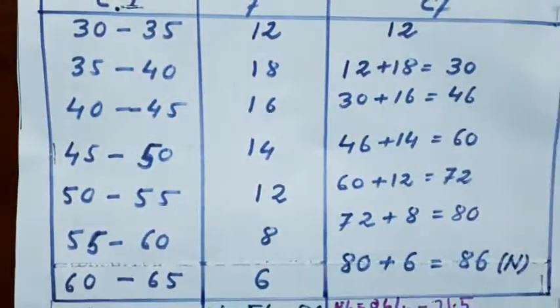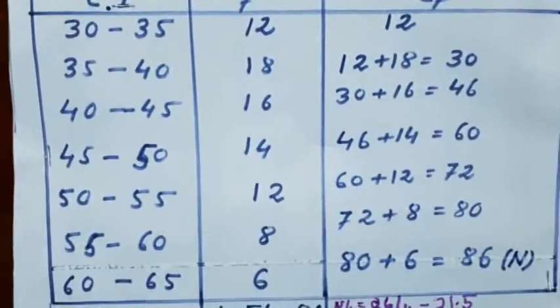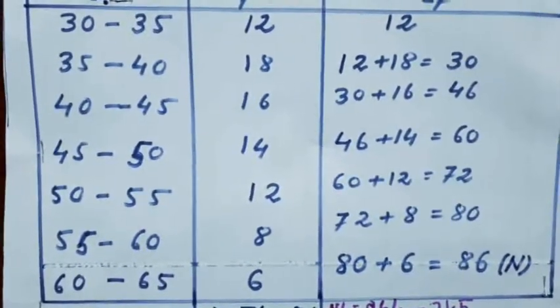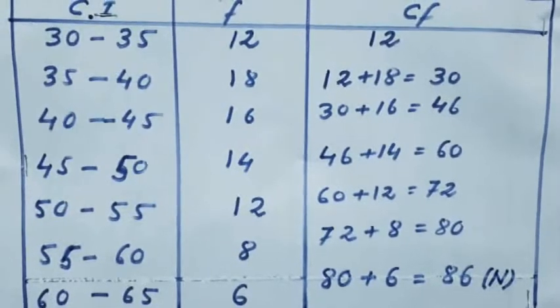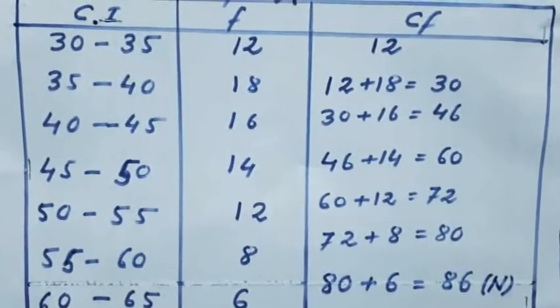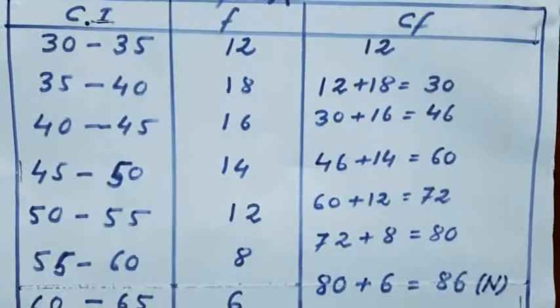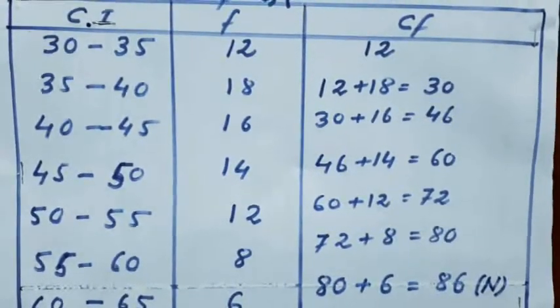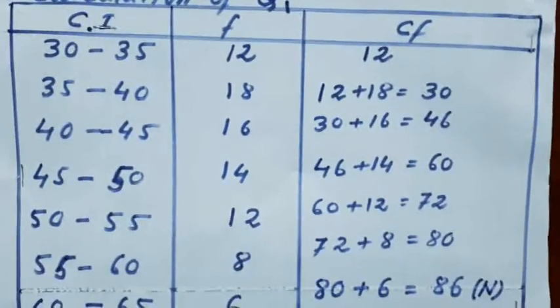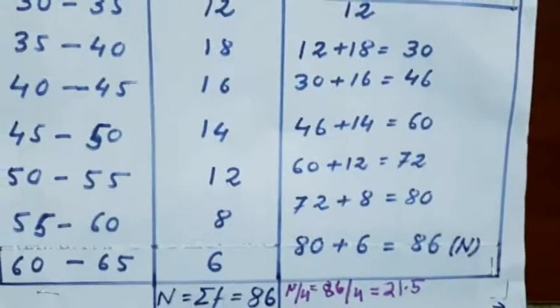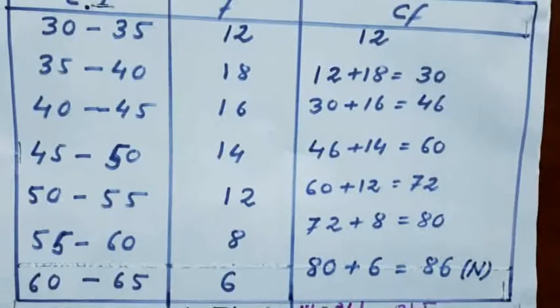It means the lower boundary is 35. Okay, and the frequency of the quartile class is 18, and the total number of observation is 86.